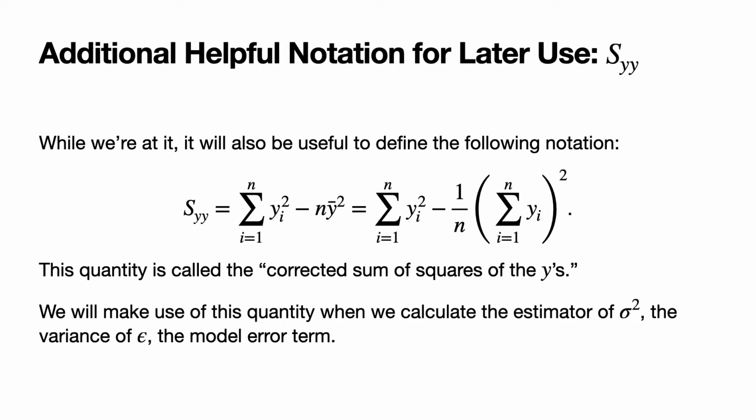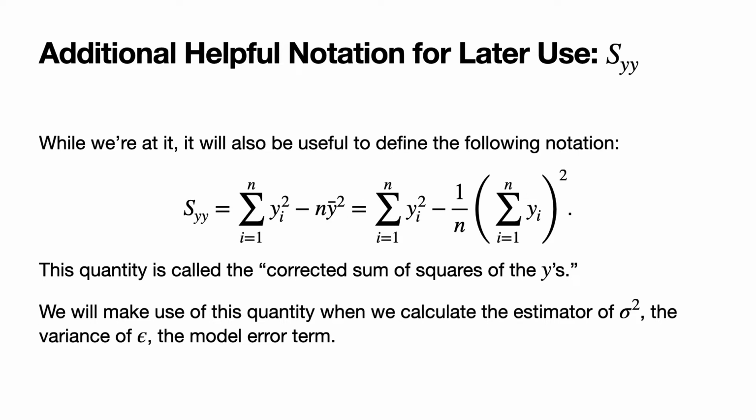So this is given by the sum of the squared y values minus the sample size n times the square of the mean of the y values, and that's equal to the sum of the squared y values minus 1 over n times the square of the sum of the y values. And again, this is a simplified formula or computational formula for the corrected sum of squares of the y's.